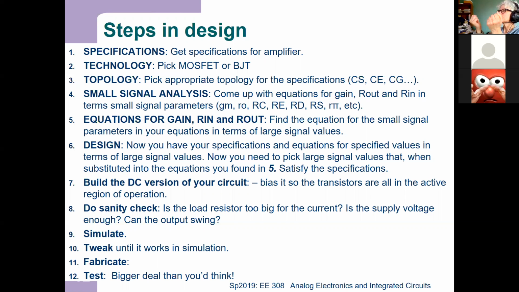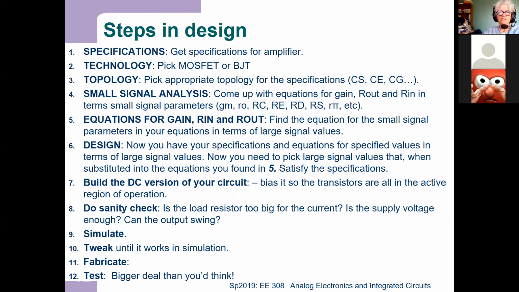You set them equal to each other. In the gain equation, there are currents and resistors, and there's probably going to be 2 unknowns. As a designer, you have to pick one of those values and then solve for the other.